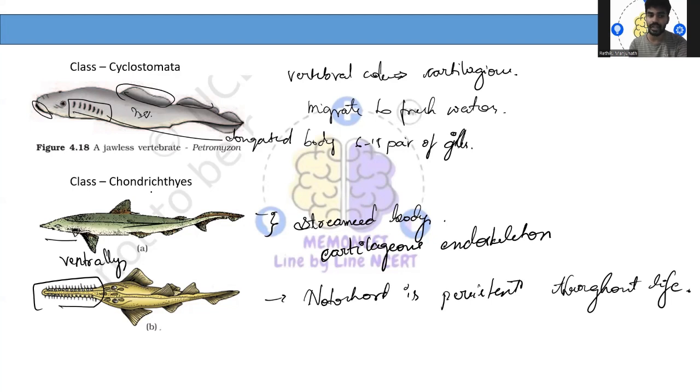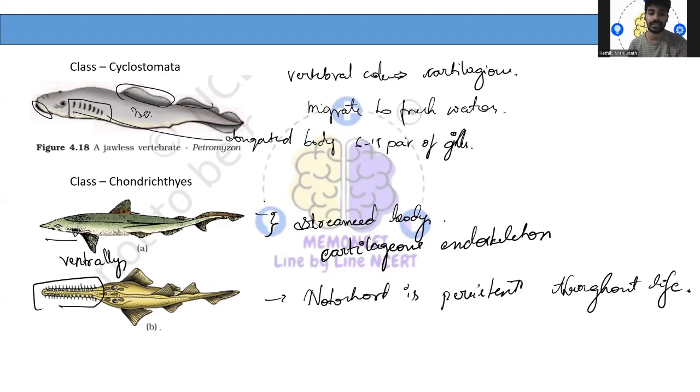You can also see the development of the mouth part. Due to the absence of an air bladder, they have to swim consistently to avoid sinking, so they are restless animals. And the heart is two chambered, with one auricle and one ventricle present.